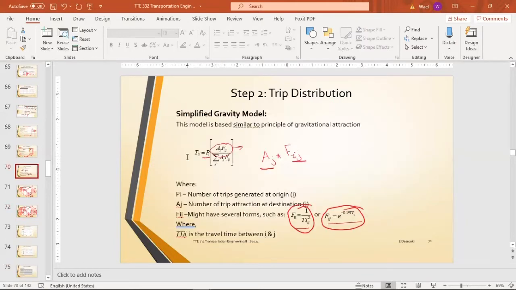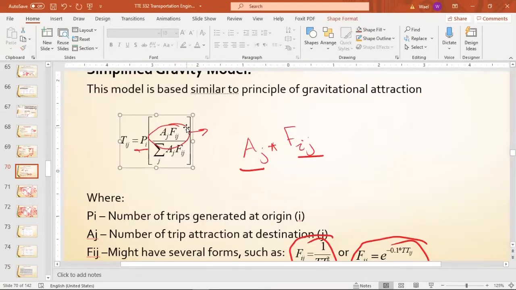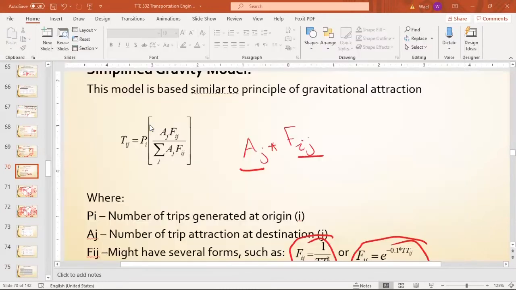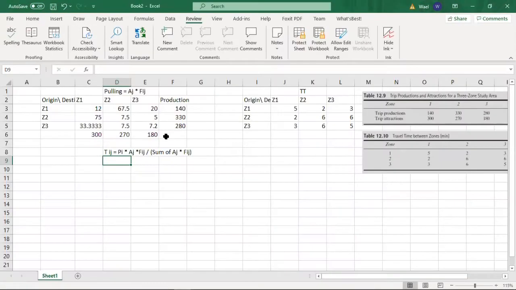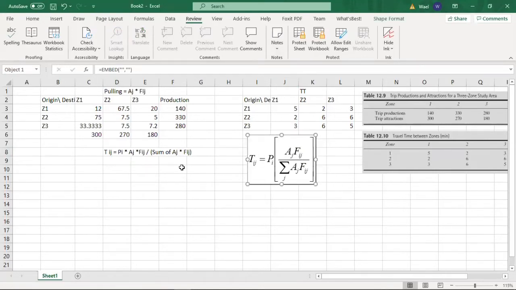Basically, that's the trips. We are calculating this formula. Let me copy it and go to this.